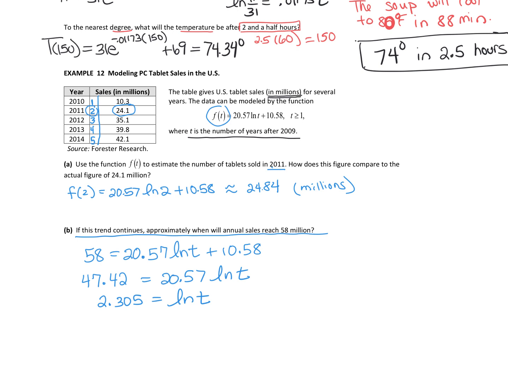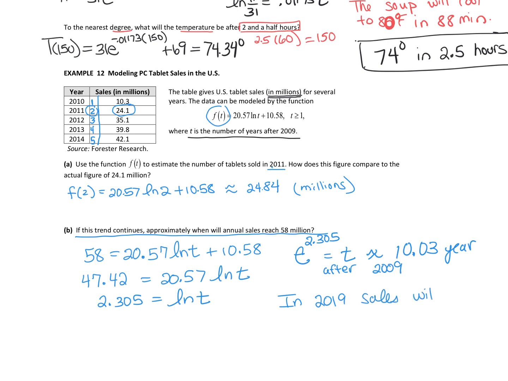And then we'll just convert this to exponential form: e to the 2.305 is t, which is approximately 10.03 years after 2009. So if we go to 10 years after 2009, we'll say in 2019, sales will reach the 58 million.